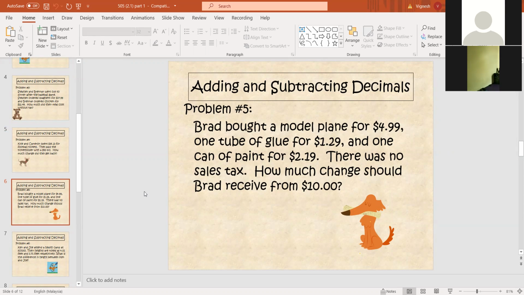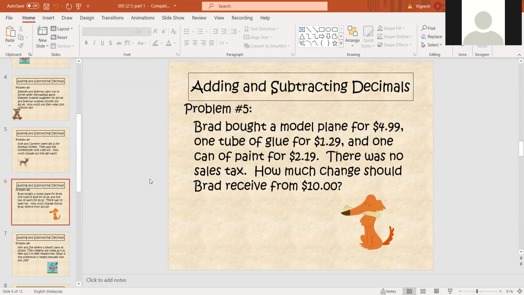Plus the 4.99, 1.29, and then 2.19. Very good. You plus 3 items there and then what? And then 8.47.